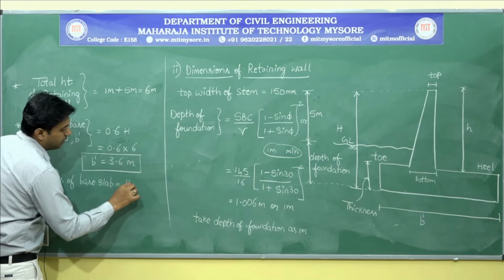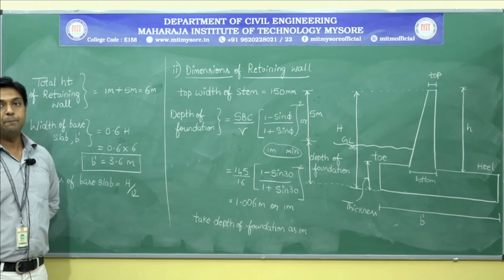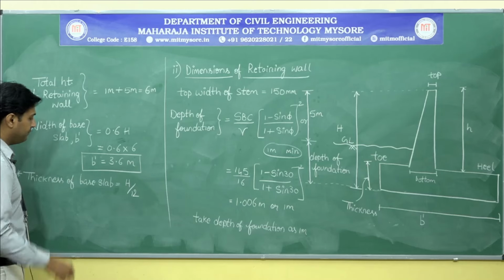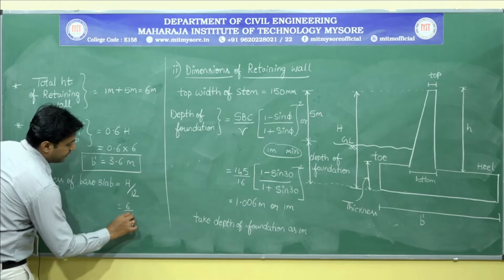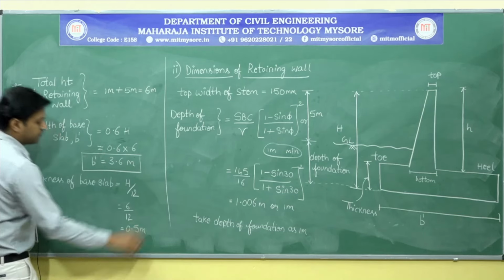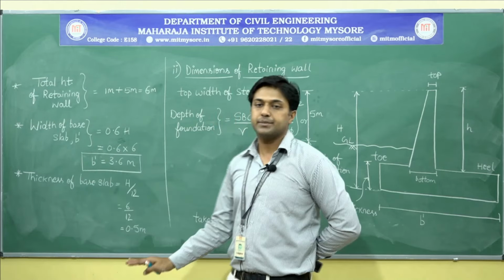Here also, H by 12 is the thickness of the base slab. What is the height? It is 6 divided by 12, so it's 0.5 meter. All these are assumptions.